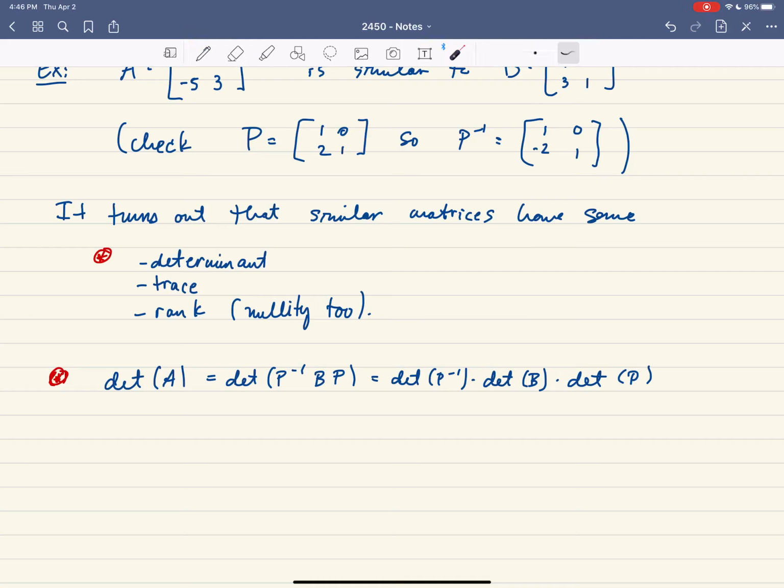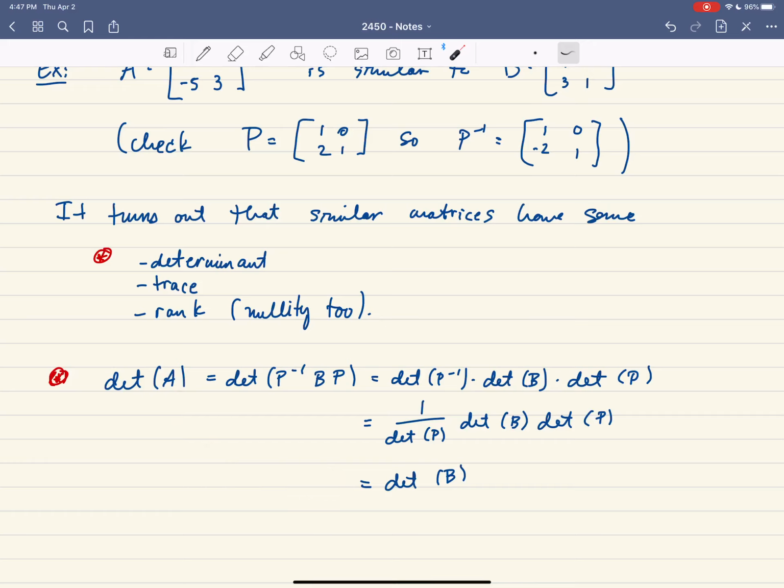And it turns out that the determinant of P inverse is 1 over the determinant of P. And so those end up canceling, and what you end up with is really just the determinant of B. So the determinant of A and the determinant of B have to be equal if A and B are similar matrices.